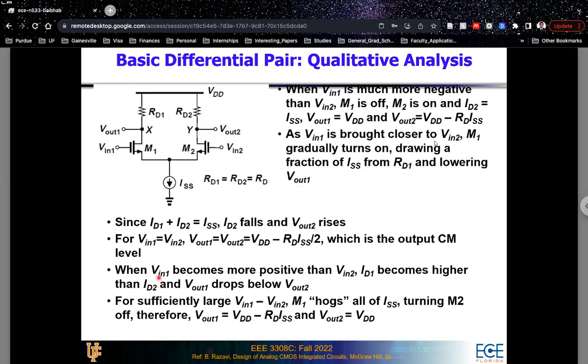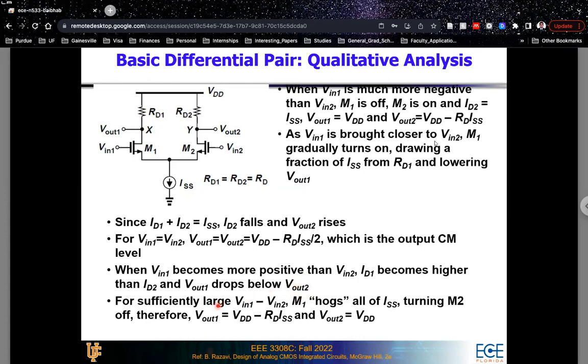Now, on the other hand, when Vin1 becomes more positive than Vin2, ID1 will start becoming larger than ID2. So the current in this branch will start becoming larger than the current in the second branch. And as a result, Vout1, the voltage at point X, will drop below the voltage at point Y, which is Vout2.